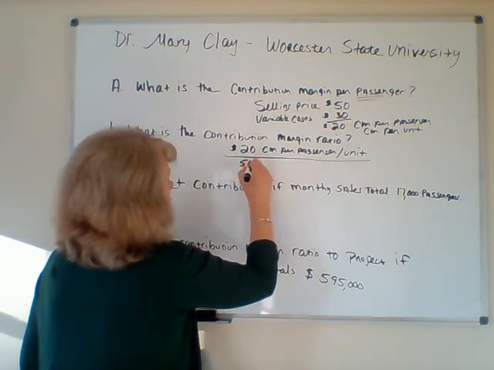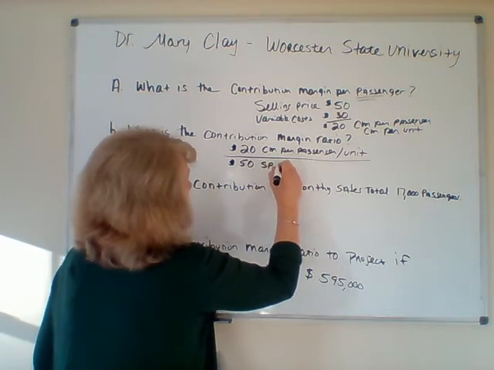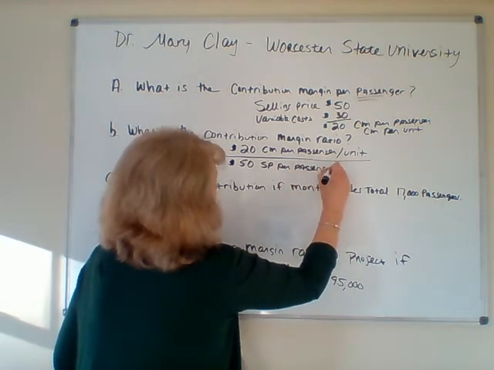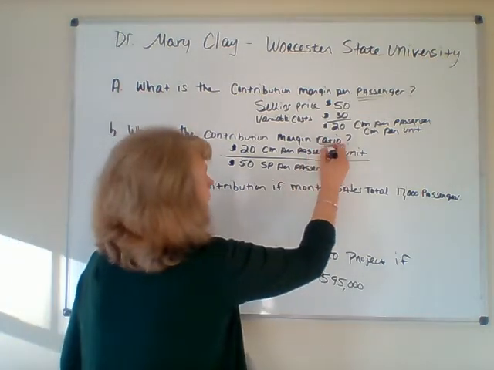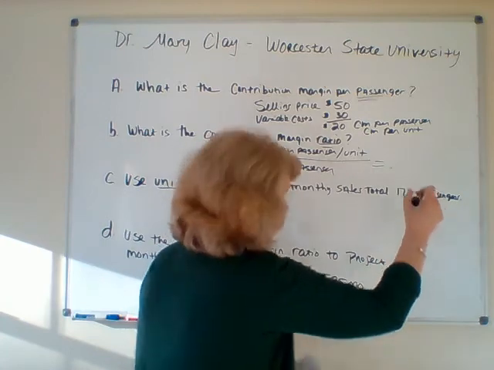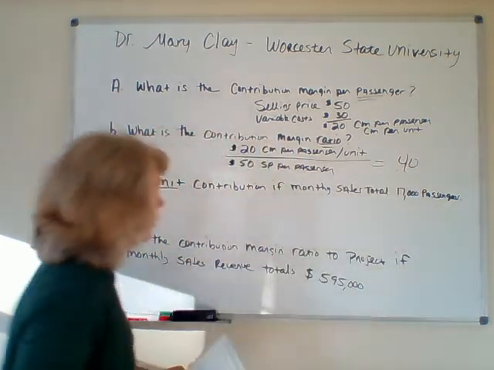The selling price is 50. And this is a ratio, so that's going to equal 0.40. Don't forget that decimal, 0.40.